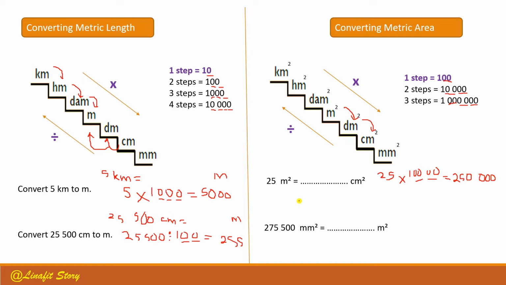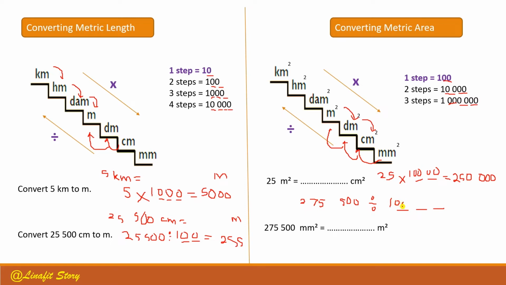The next is 275,500 square mm to square m. This is square mm, this is square m. So step up, we divide. How many steps? 1, 2, 3. 3 steps.